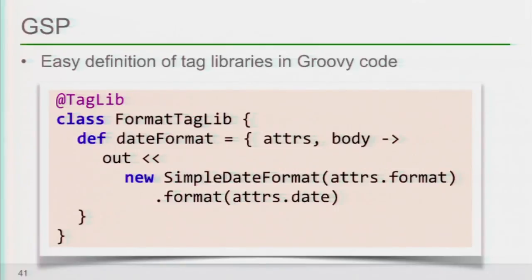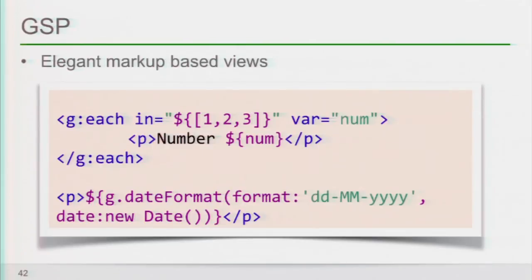So you get this easy definition of tag libraries in Groovy code, trivial to write tag libraries, elegant markup. The majority of the really useful tags, non-Grails-specific ones, are there in GSP. So g:each, g:while, g:if, g:else, all the logical ones are there, as well as anything to do with rendering templates and layouts.